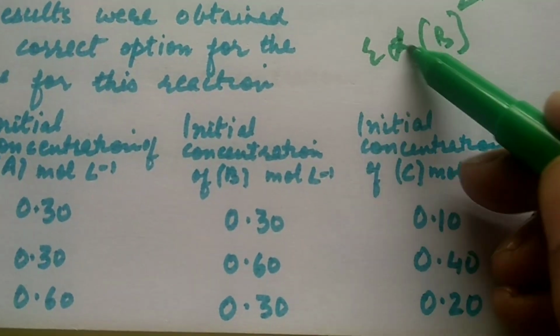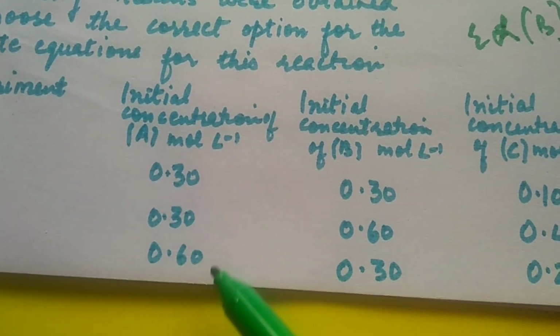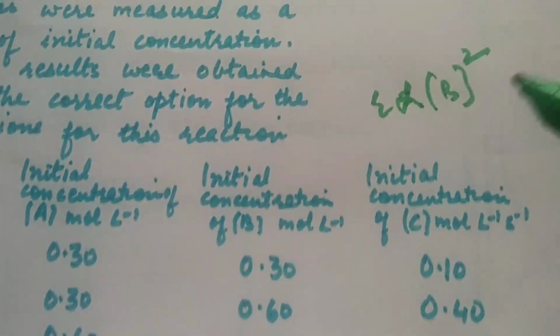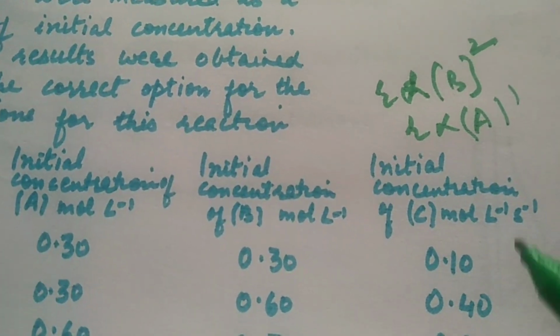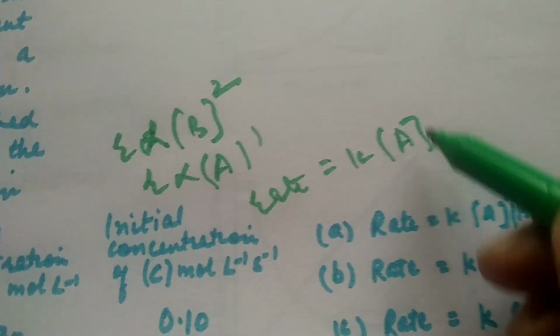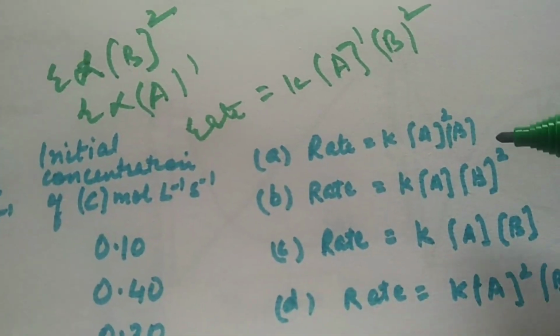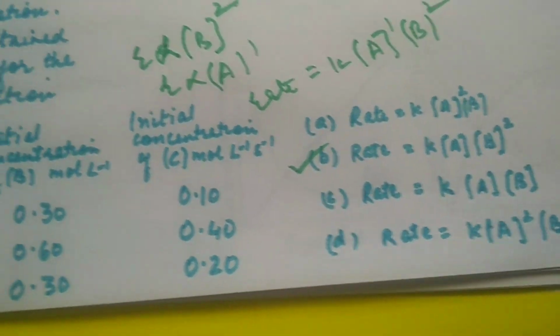Then when the concentration of A is doubled and B remains the same, the rate is doubled. So with respect to A, the order is 1. So the overall rate should be K into A raised to power 1 into B raised to power 2. And option B is the correct answer.